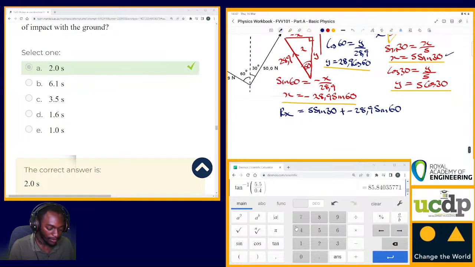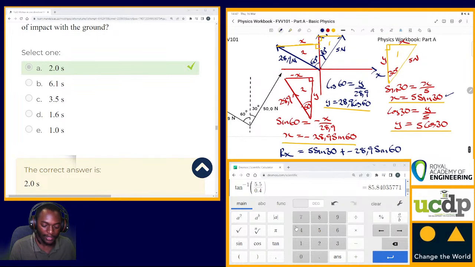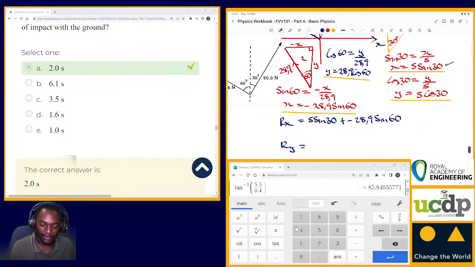And then for r in the y, all of them are positive, so this one is 5 cos 30 plus 28.9 cos 60. Am I right? Yes.